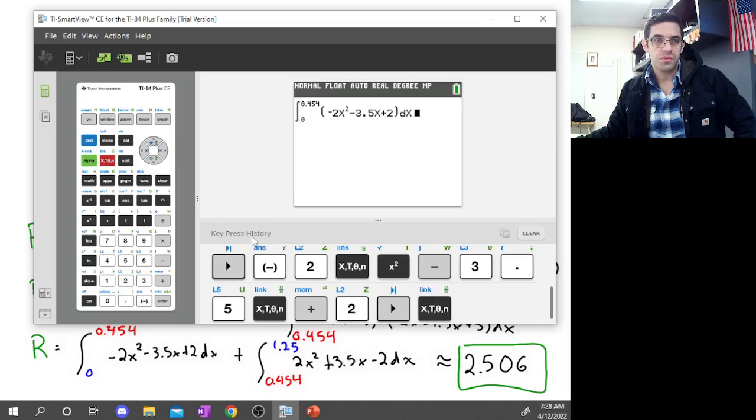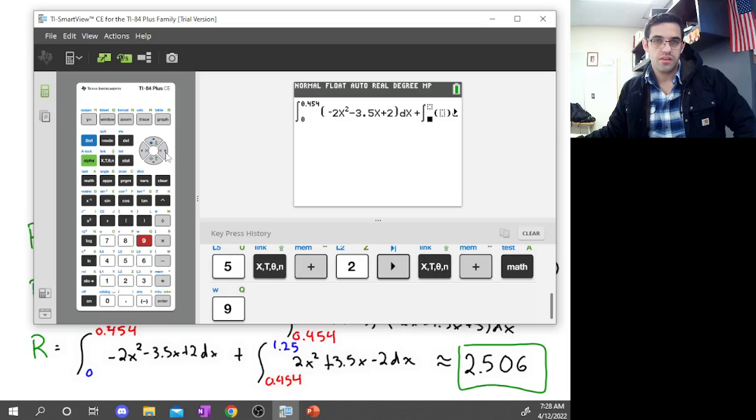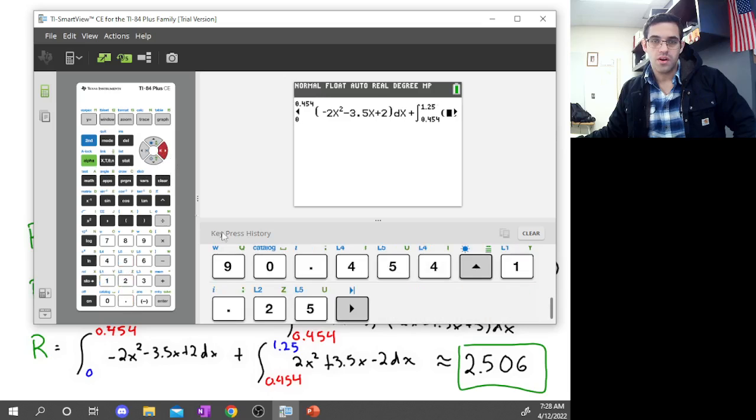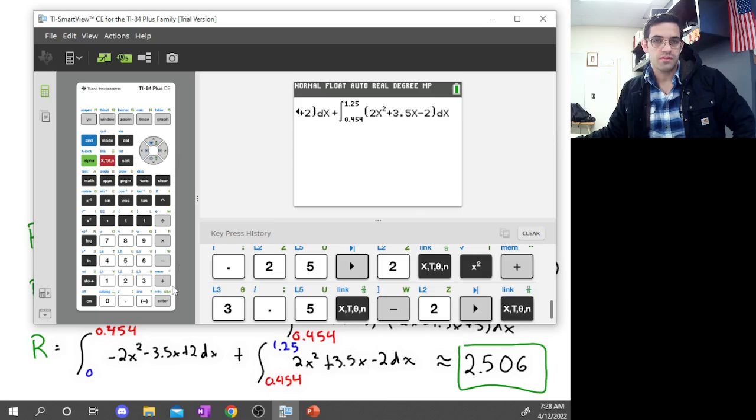Alright, here's our first integral. I'm just going to press plus. I'm going to press math 9 again, and we're going to put in our second integral. That's from 0.454 to 1.25. Our function is 2x squared plus 3.5x minus 2, and we're integrating with respect to x.